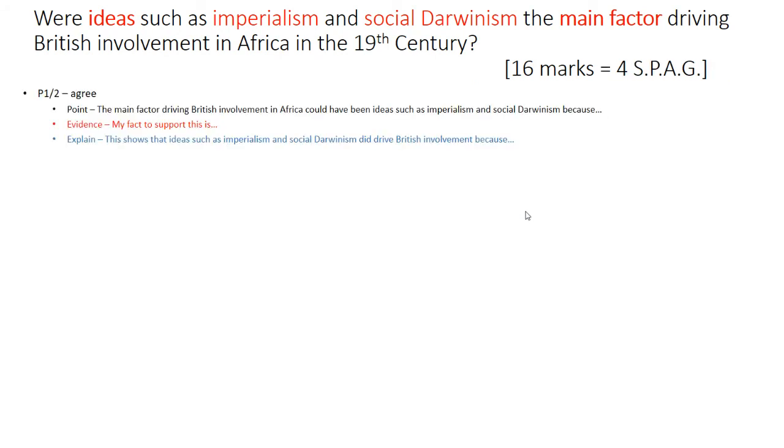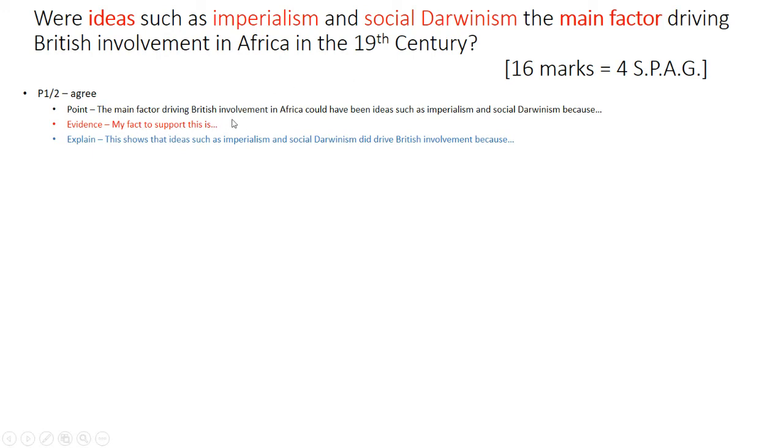And then when you're writing your answer, I'm giving you tips for each paragraph, because this is a big question and I want you guys to have the most chance of getting it absolutely spot on. Paragraph 1, you should look at the ideas in the question. The point is the main factor driving British involvement in Africa could have been ideas such as imperialism and social Darwinism, and explain.